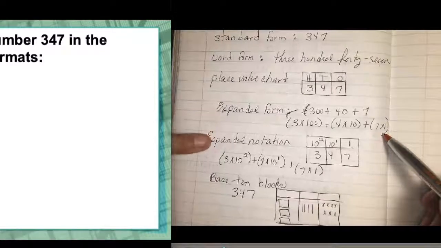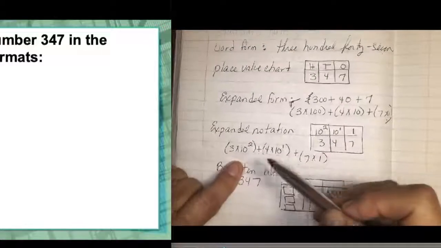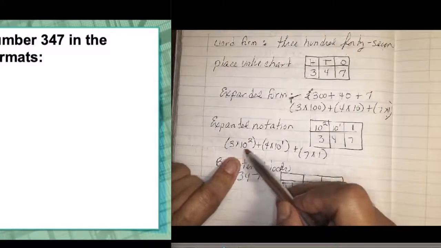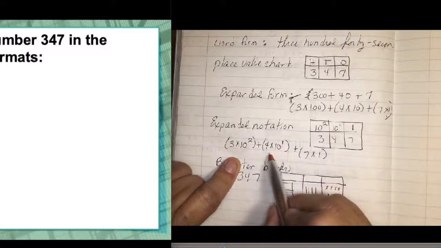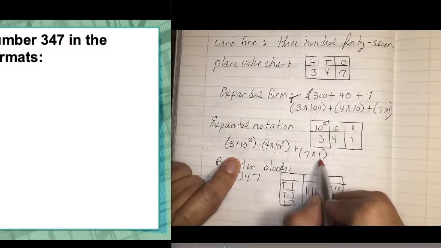We also did expanded notation, which is our exponents, which is 3 times 10 to the second power plus 4 times 10 to the first power plus 7 times 1.